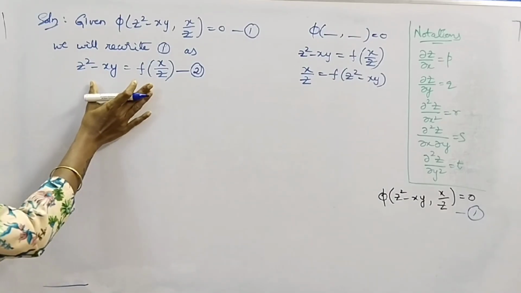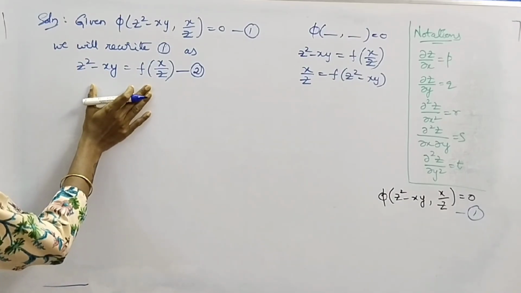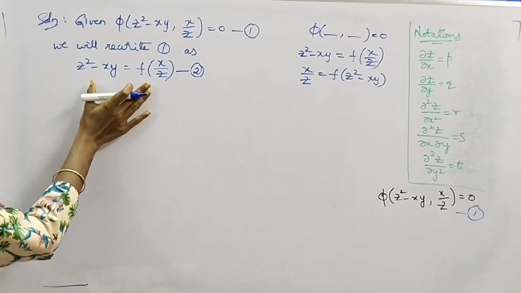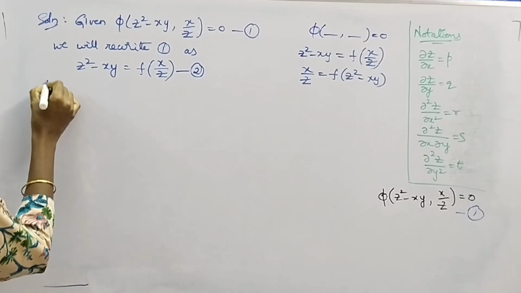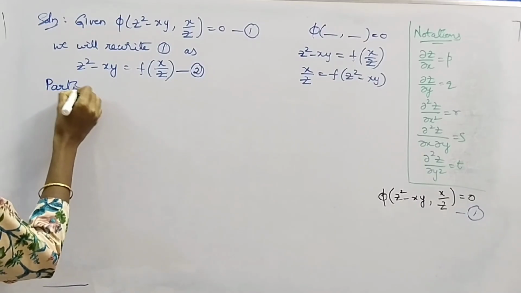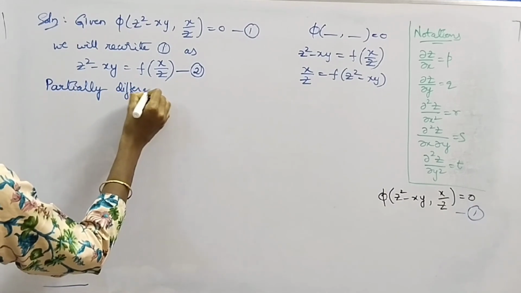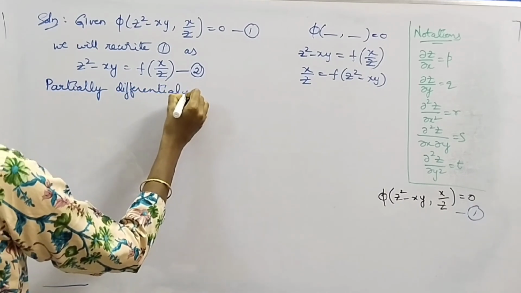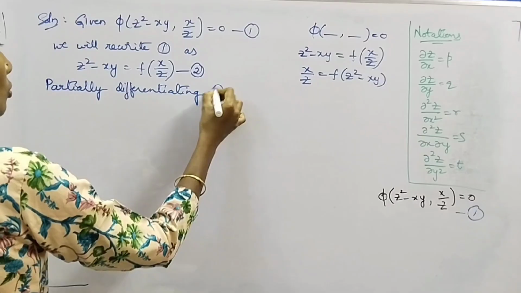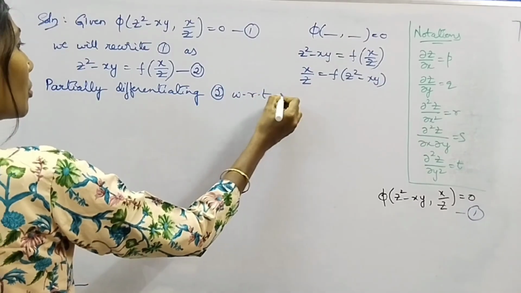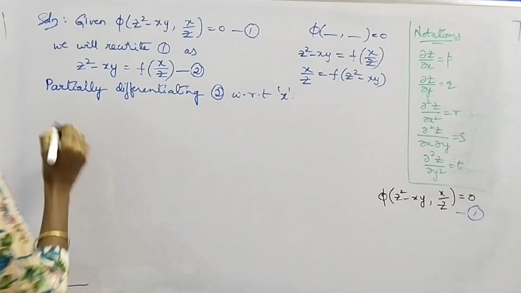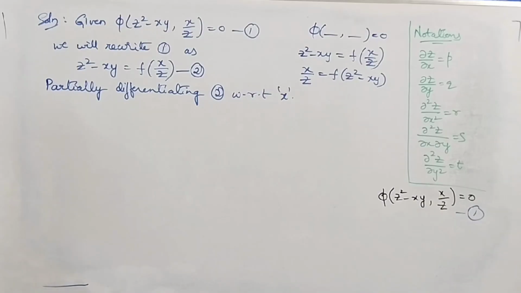Got it? Fine. Now we'll partially differentiate it with respect to x and also with respect to y. Partially differentiating with respect to x, just apply dou by dou x on both sides of the equation.